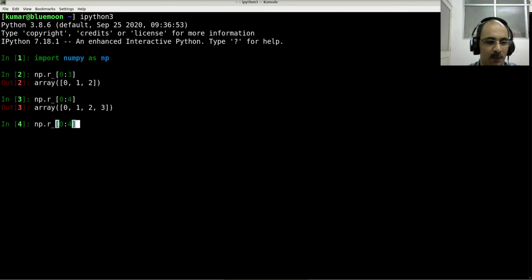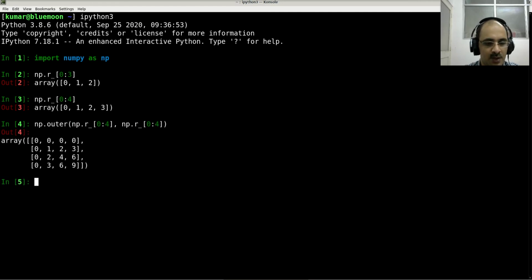I want e power j 2 pi k by n. So this is what should come in the e power j 2 pi. Here is what I'm going to do: j 2 into np.pi divided by 4.